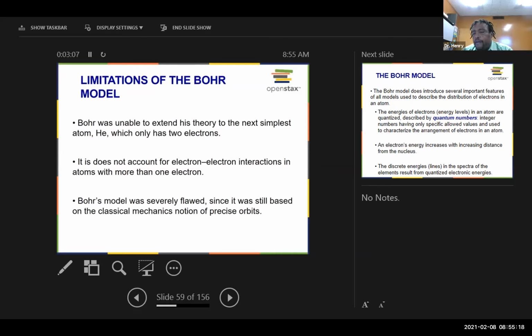Do you guys understand? So Bohr's models for all of the other elements fail because there are more electrons, and you never account for that electron-electron interaction, and that plays a huge role in things, right?